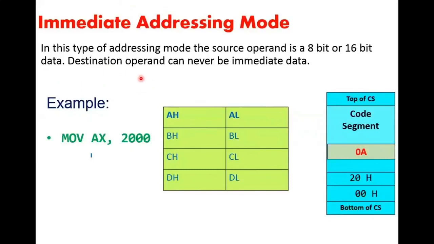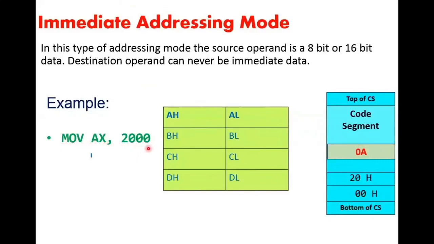Remember, the destination operand won't be immediate data; only the source operand will be immediate data, either 8-bit or 16-bit. See this instruction. Here I have given 16-bit data directly to 000. This is 16-bit data directly given.